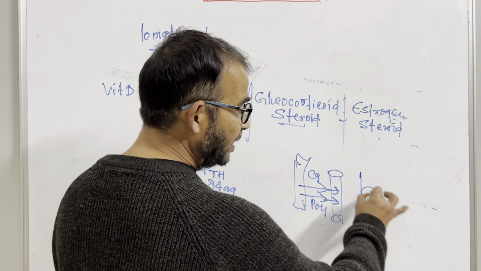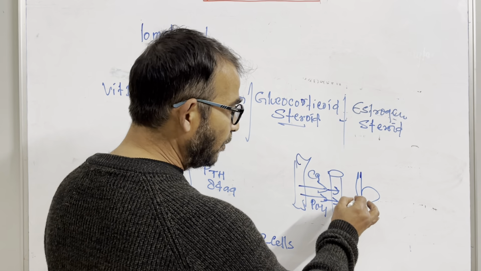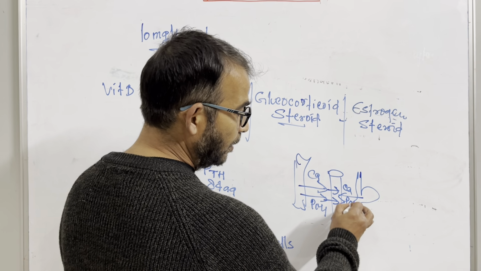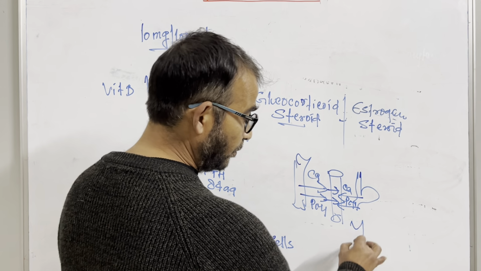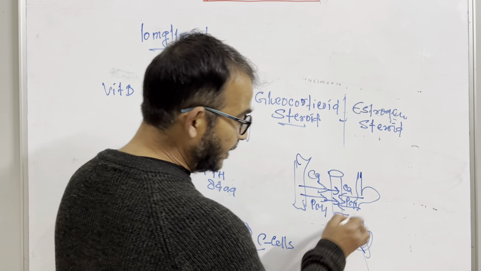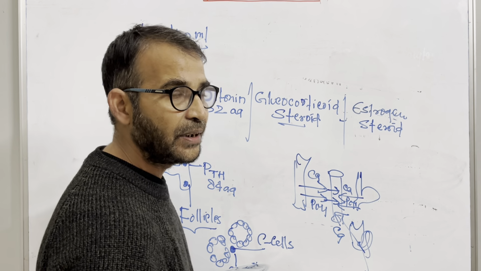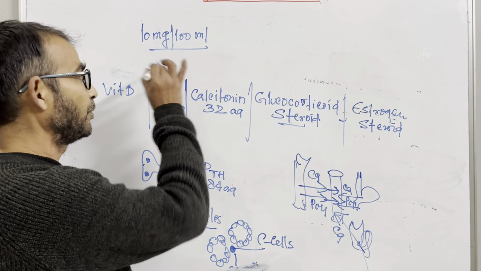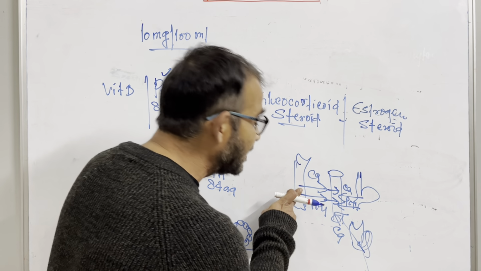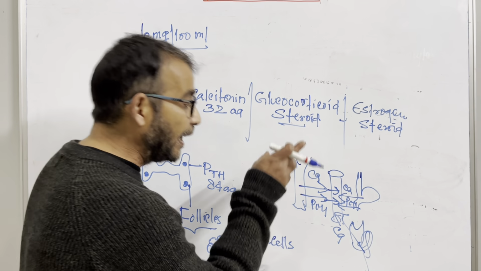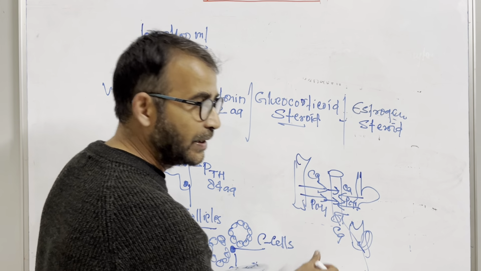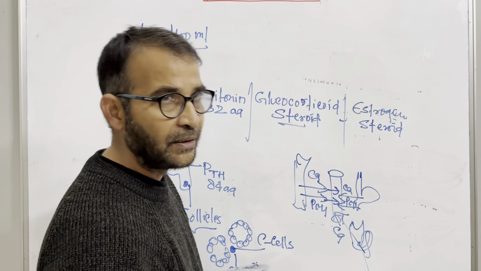Besides, from the intestine also, the calcium is absorbed, the phosphate is absorbed. From the nephron also, the calcium is absorbed. So in all cases, you can find that the calcium concentration is being increased by this hormone, parathormone. Parathormone increases osteoclastic activity in the bone, thereby the bone loses its calcium, and inside the blood vessels the calcium concentration increases.